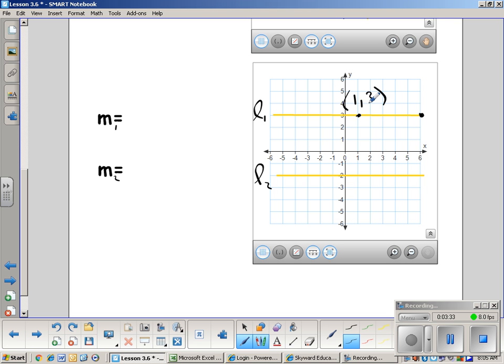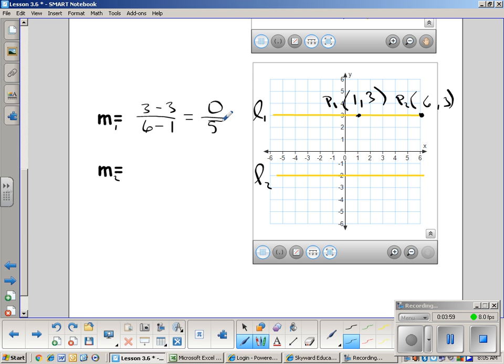What's the ordered pair for this one? 6, 3. And so, remember, it's y2 minus y1. I'm just going to say point 1, point 2. And so y2 is 3, y1 is 3, x2 is 6, x1 is 1. So you get 0 over 5.